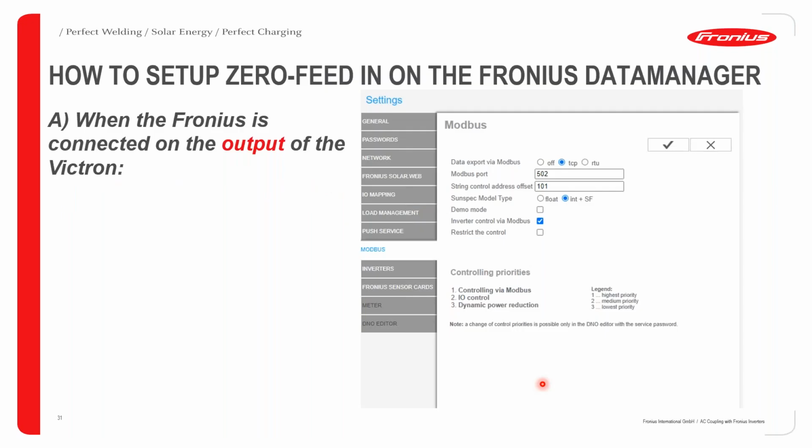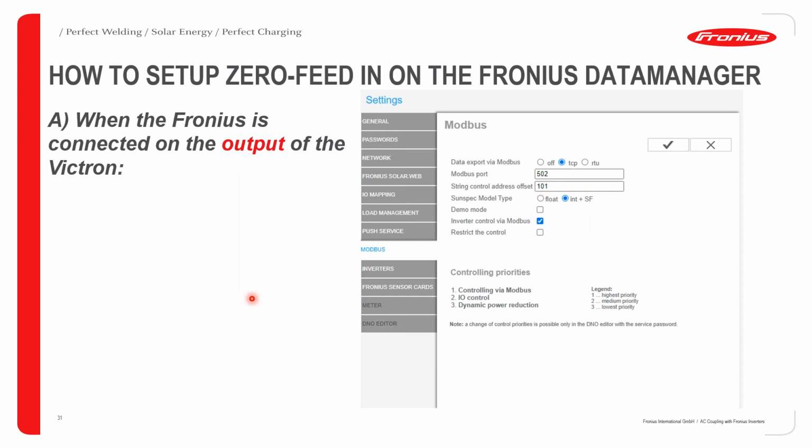To set up zero feeding on the Fronius data manager, you have to ensure the position of the connection where the Fronius inverter, or the feed inverter, is connected to the VICTRON inverter.